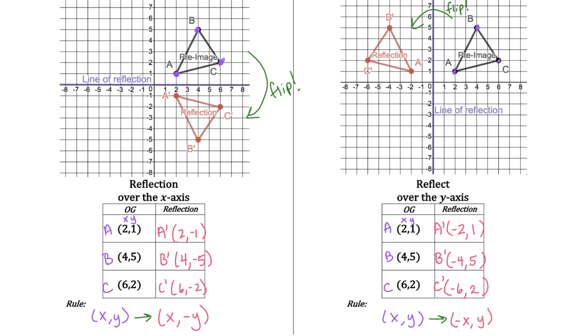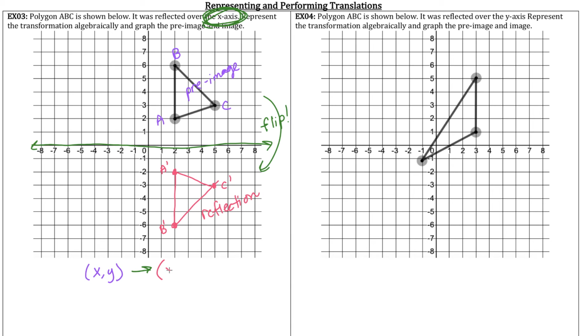I mean, I know it, but I want to show you. So you would look here, over the x-axis. That means it's x, negative y. So x, negative y. I would do that first. And that makes sense, because for the A, you still go 2, 2, but 2, negative 2. So the x's are the same, but the y's changed.